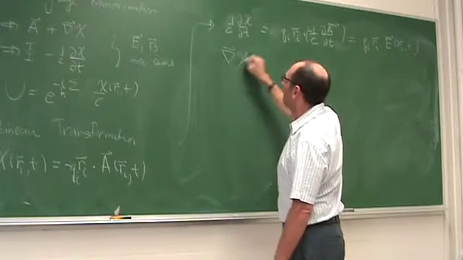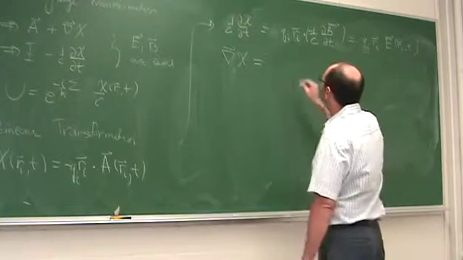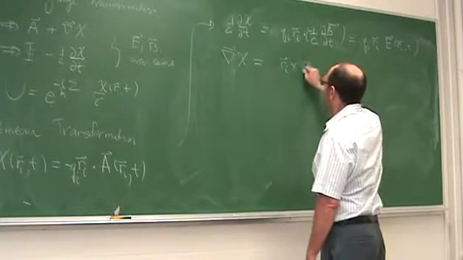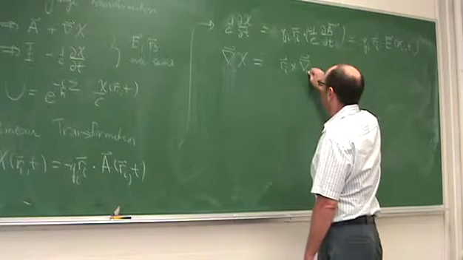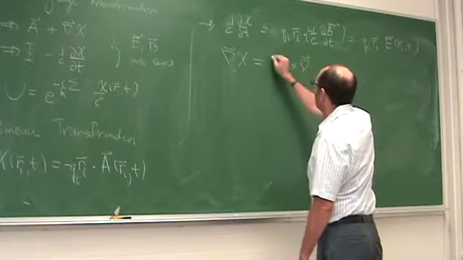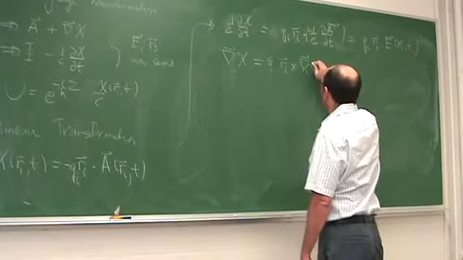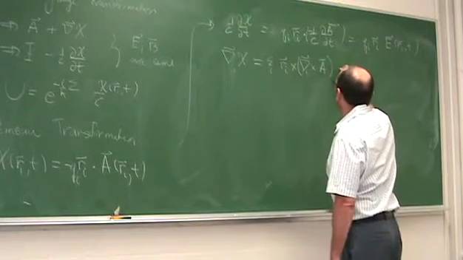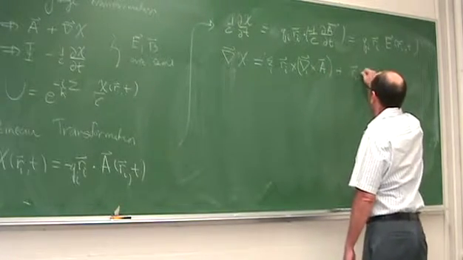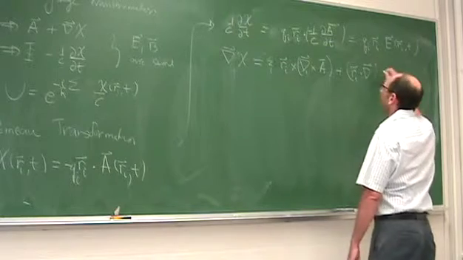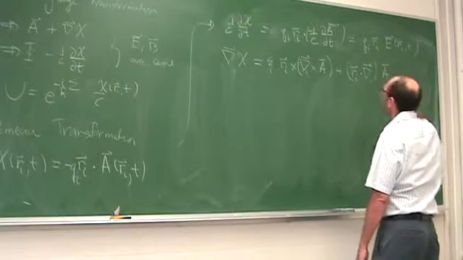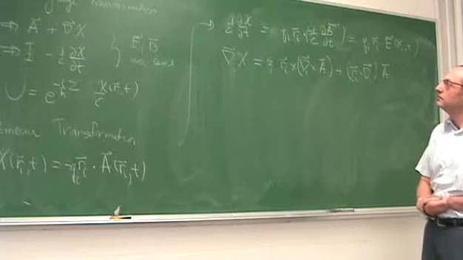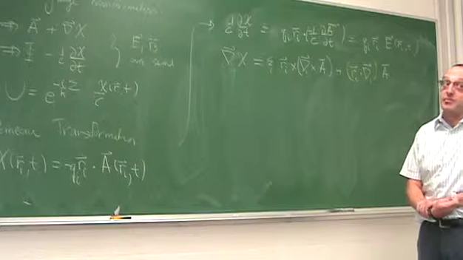Let's see, the gradient of this is equal to r sub i crossed into the gradient with respect to the ith coordinate, sum over i, curl of A, plus r sub i dotted into the gradient acting on A. Now that's r sub i, meaning the ith electron, or charge, right?